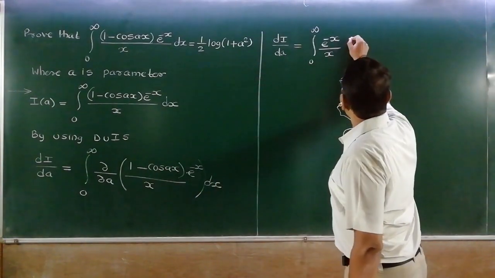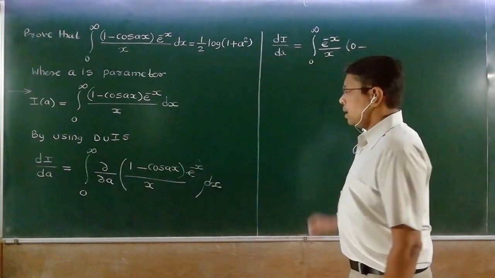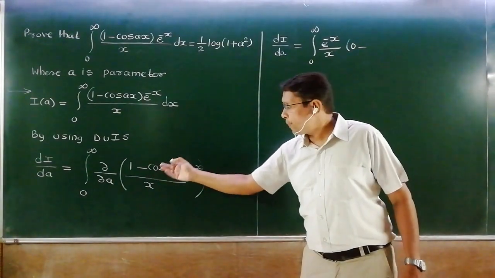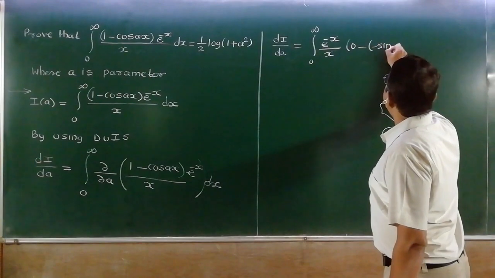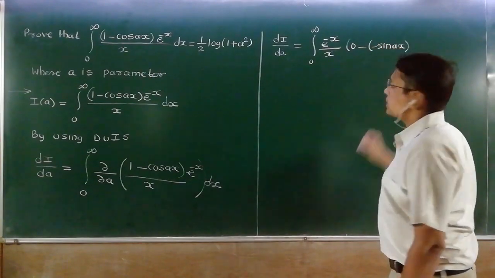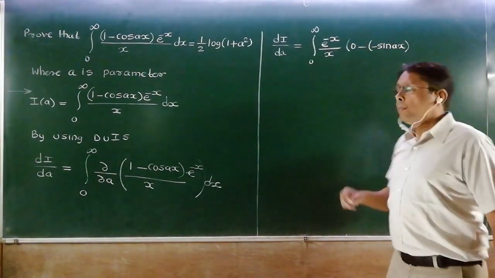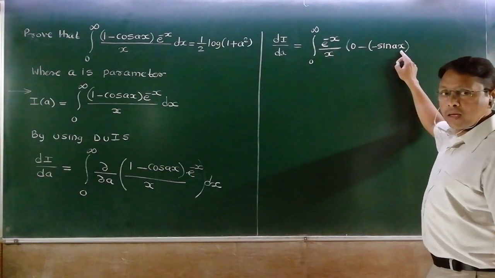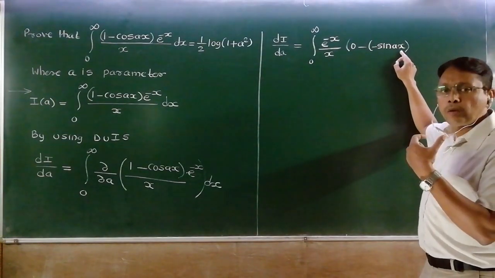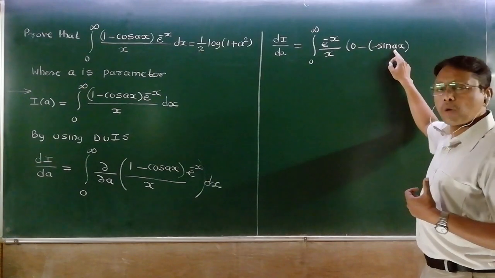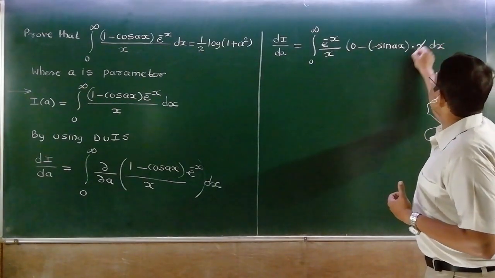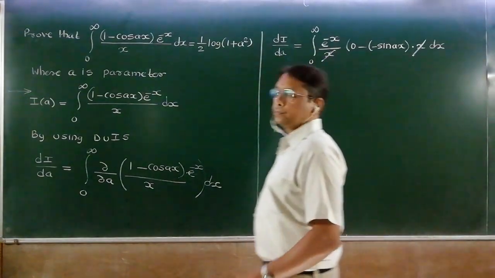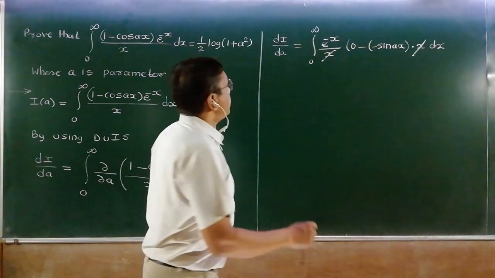So the differentiation of 1 is 0, minus the differential of cos, which is minus sin. But again we have to differentiate ax. Keep in mind x is constant, a is variable, so the differential of a is 1, into x dx.